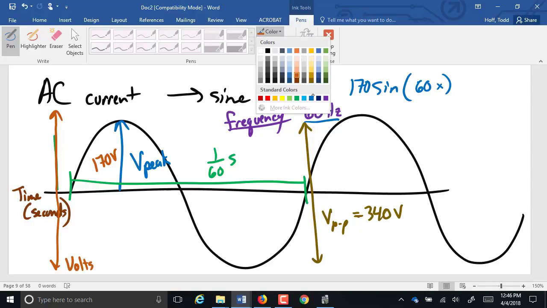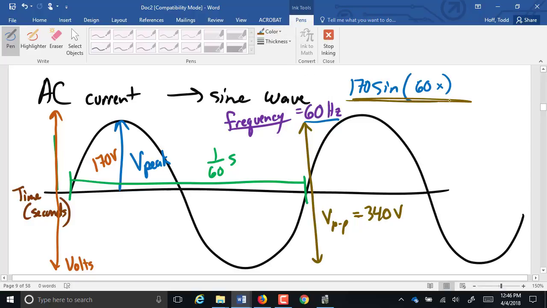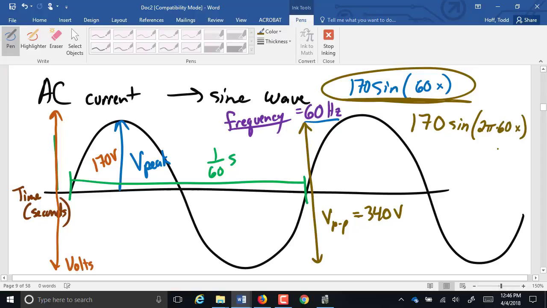Now, because we tend to measure in radians rather than seconds, we talk about radian cycles. This ends up getting listed as 170 times the sine of 2 pi radians is a single cycle. So 2 pi times 60 times x.